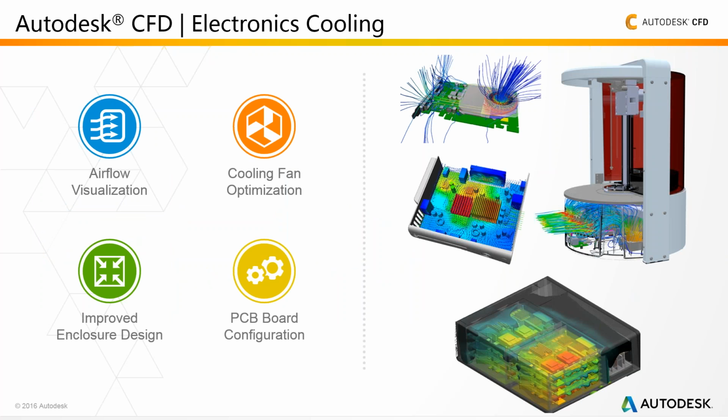So in terms of electronics cooling, Autodesk CFD will be used to improve enclosure design for a better thermal management, cooling fan optimization, visualize the airflow inside and over electronics components to find out dead areas and recirculation areas where the temperatures could increase.